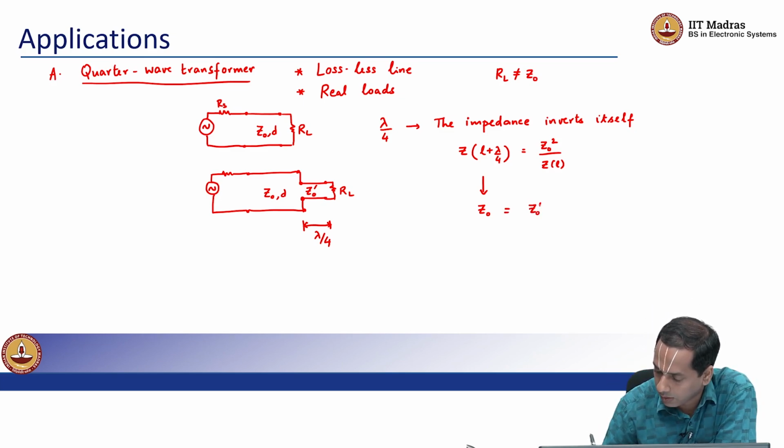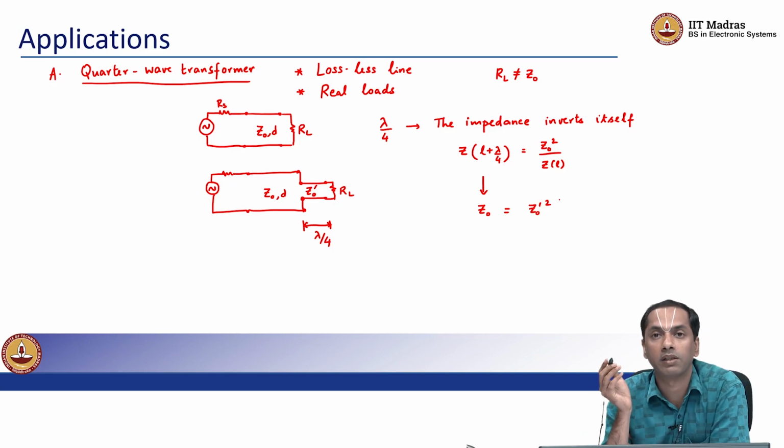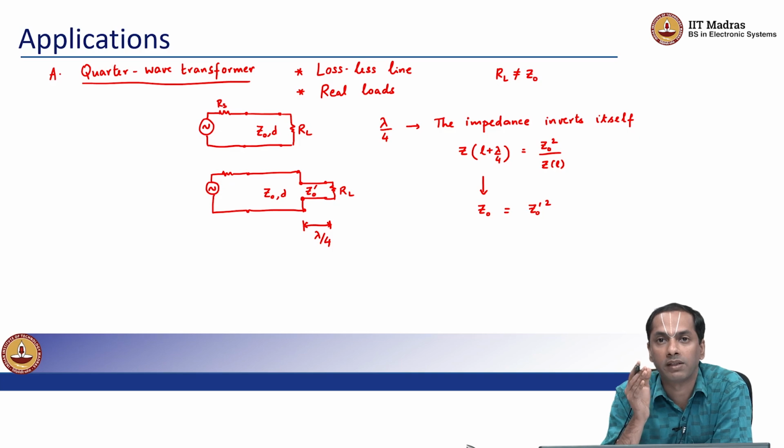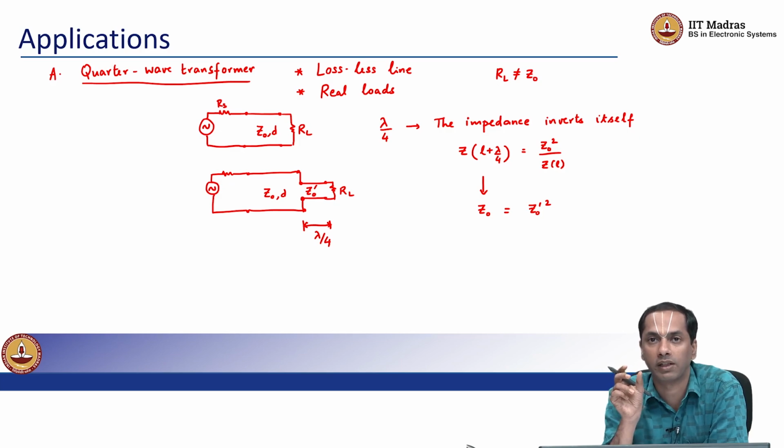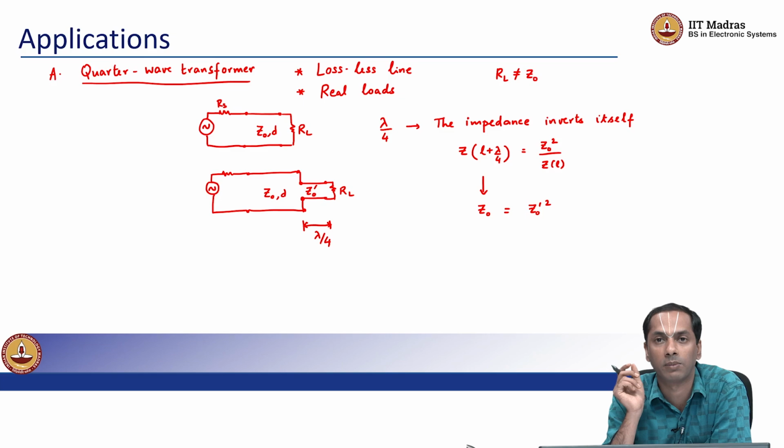So remember that I am transforming the impedance RL through a transmission line with a characteristic impedance that is different from the original transmission line of distance d. So I am inserting a new transmission line with a different characteristic impedance with a very specific length of lambda by 4, and I am seeing how this impedance can be transformed using this transmission line such that the transformed impedance at the end of the lambda by 4 transmission line that I have newly created matches the value Z0.